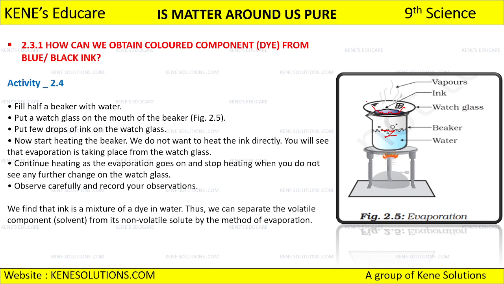We do not want to heat the ink directly, because you will see that evaporation is taking place from the watch glass. That is why we placed water below it and added the ink on the watch glass: we don't want to heat the ink directly, so we first kept the beaker full of water.